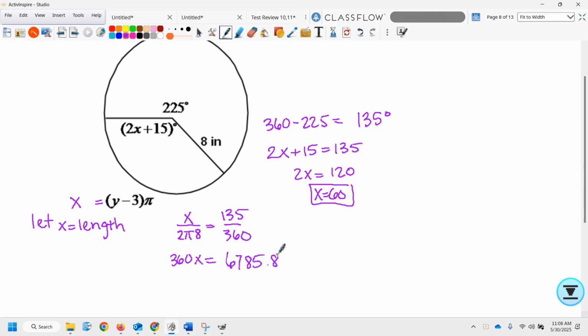All right, I'm going to abbreviate and see if it works out. If it doesn't, I would say don't round. All right, so for x, I get 18.8. If y minus 3 times pi equals x, and x is 18.8, I'm just going to take 18.8 and divide it by pi. So then I get y minus 3 is equal to, and then when this rounds all the way to 6, I add 3 to it, y is equal to 9.